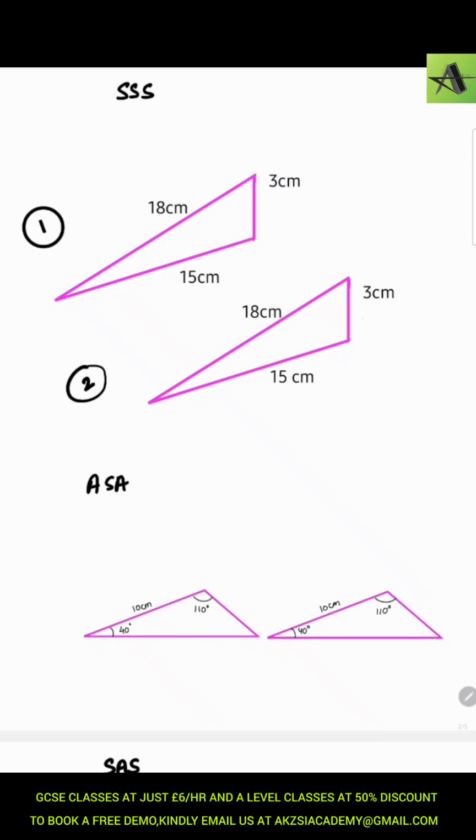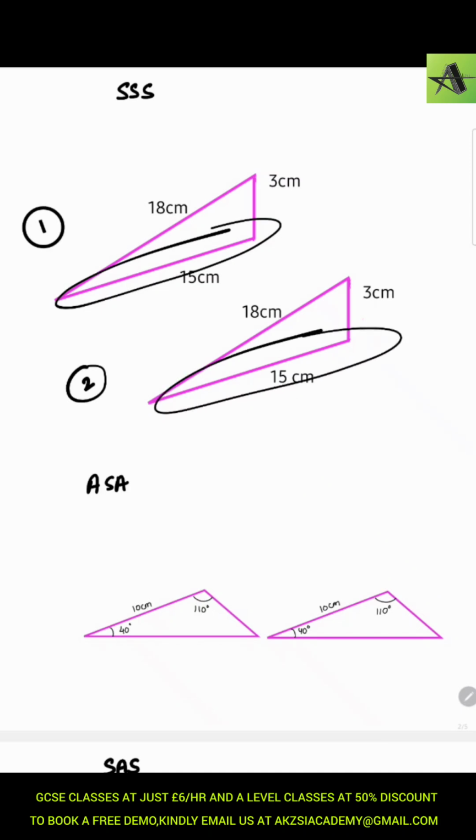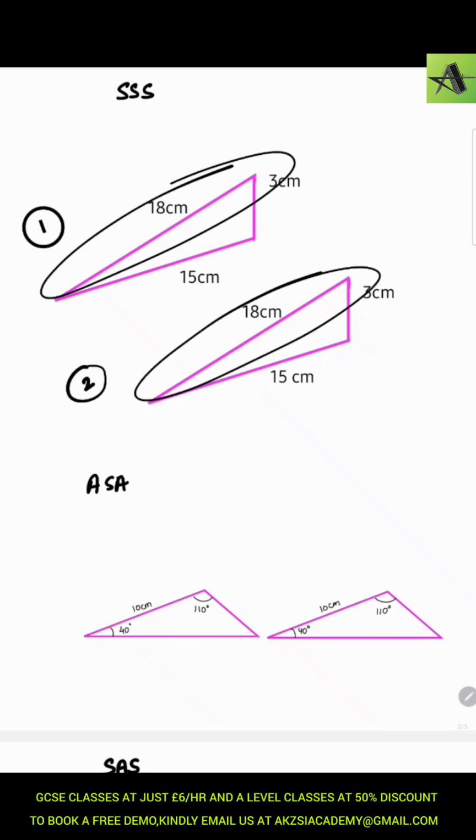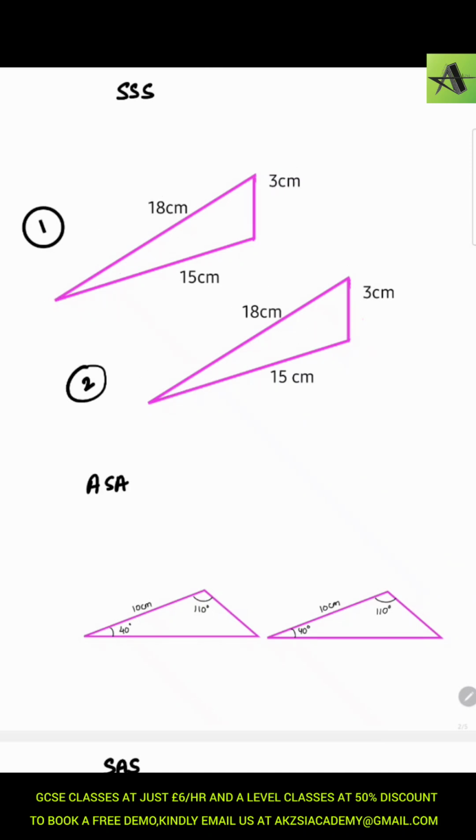If I compare, I can see the corresponding sides are equal. This is 3 centimeters and this is 3 centimeters. These two are corresponding sides. Similarly, this and this are both corresponding sides and they are equal. And the third one, this and the corresponding side, this, are equal. So I can clearly see that all three corresponding sides are equal, which means this is congruent by SSS.